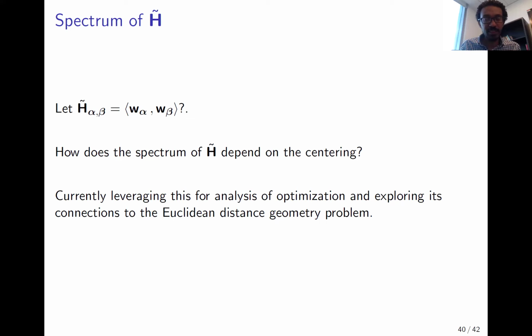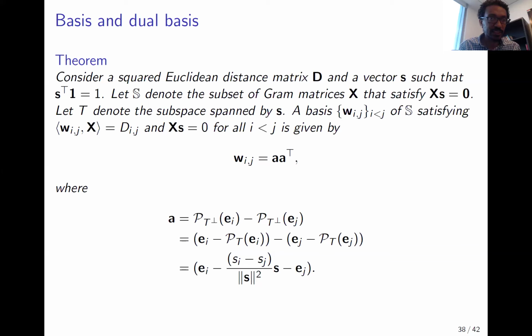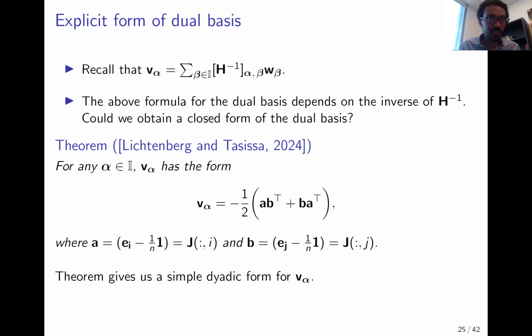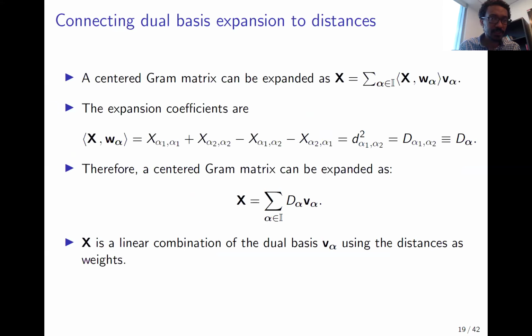It seems like the centering does affect the spectrum quite significantly for this H tilde. And in the optimization, one would expect that the centering shouldn't matter. If we go back to our dual basis formulation, if I give you only a few of these distances, d alpha, and ask you for an estimate of X, and we formulate an optimization algorithm based on the distance geometry problem, we'd imagine the centering shouldn't really affect that optimization problem.